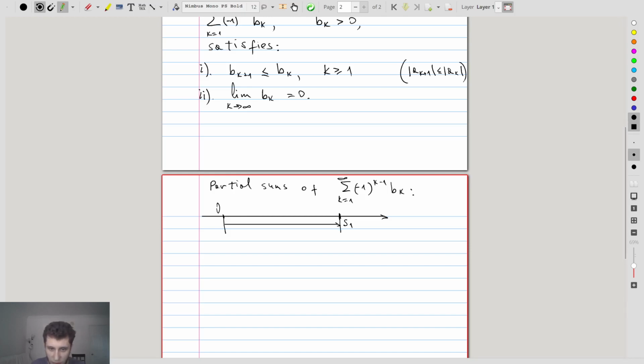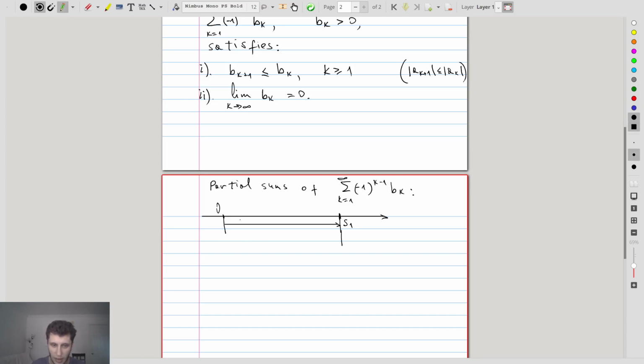Right? So if this is the first partial sum, then the second partial sum is the sum of this vector, which shows the first entry of the series. Then I have to take a vector that goes in the opposite direction, because the second term is now negative and it has length b2.